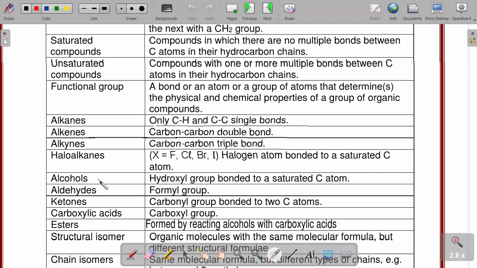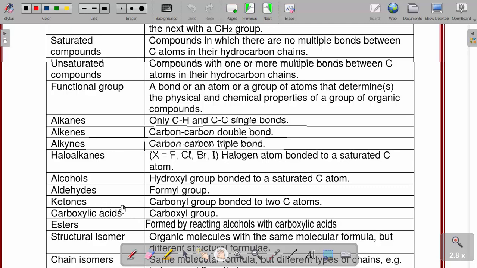Okay, then we have what we call alcohols. Now these alcohols, they are a hydroxyl group bonded to a saturated carbon atom. So when we talk about alcohols, it means we have a hydroxyl group bonded to a saturated carbon atom. And then aldehydes, there we have a formyl group. Okay.